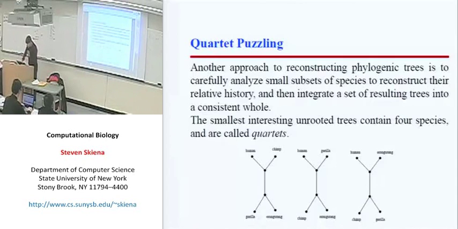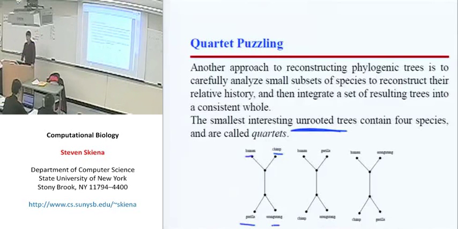If you have 4 species, it becomes a different kind of problem. Let's think about unrooted trees on 4 species. Here we've got human, chimp, gorilla, and orangutan. My claim is that there are 3 different unrooted trees you can build on 4 nodes.